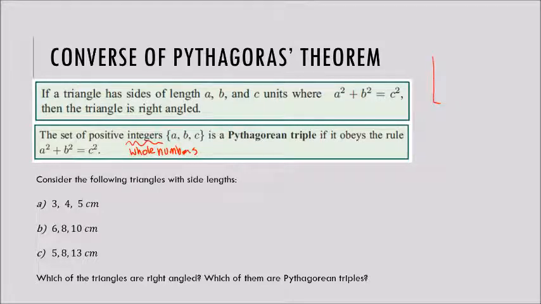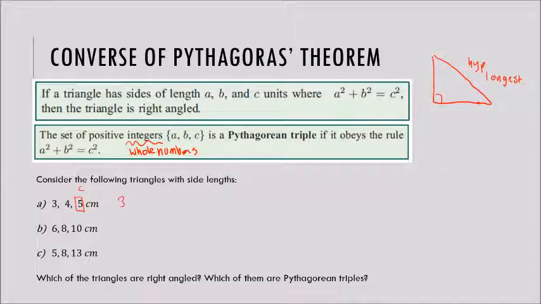Whenever you draw a right-angled triangle, your hypotenuse is always going to be the longest side, without a doubt. So in all of these, the biggest number is going to be your c value. Now we're going to see if our two smaller numbers, when we square them individually and add them up, give us the square of our bigger number.